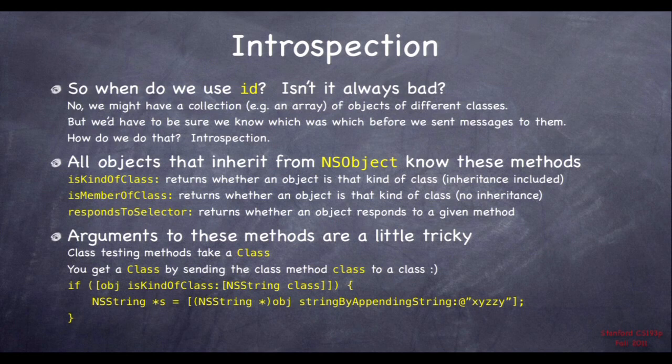NSString, when you type it in there like that, is really just a mechanism for sending a message to the class. So you need to use that class method. This is the class method class being sent to the class NSString to get its class. Got that? That's why I say just take my word for it. But anyway, this is the form you use to find out if something is a string: object isKindOfClass, square bracket, and the string class.